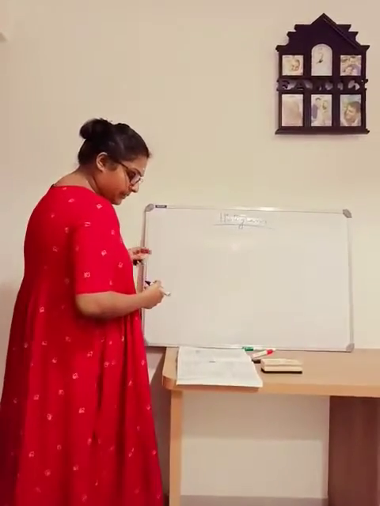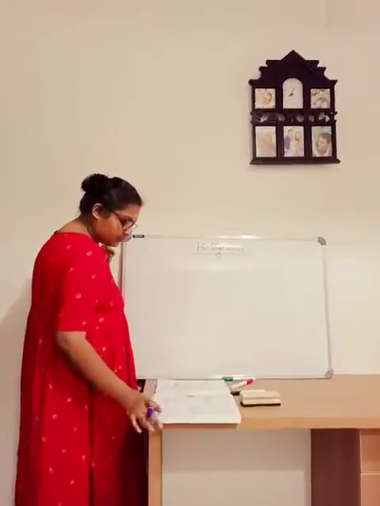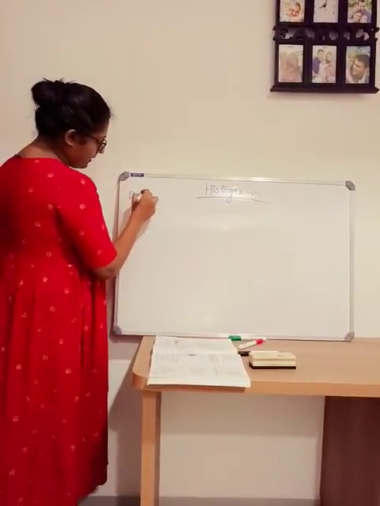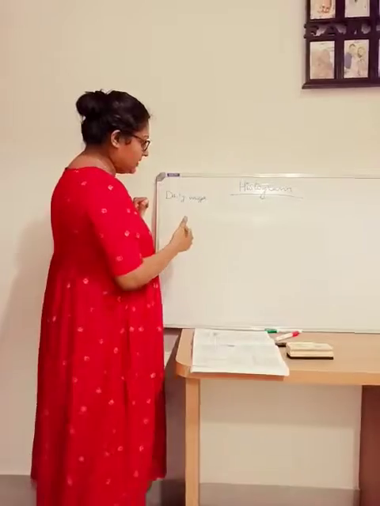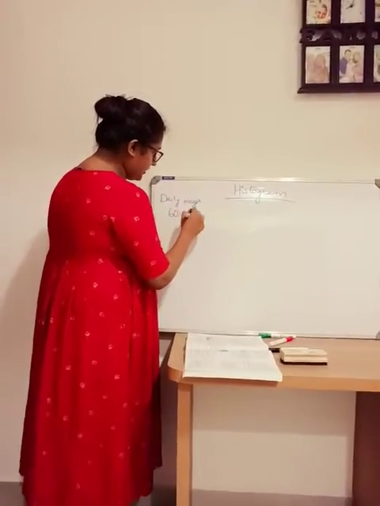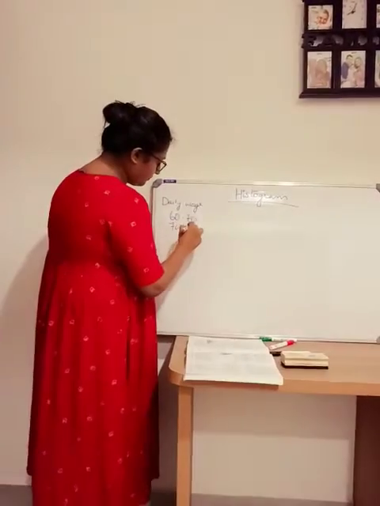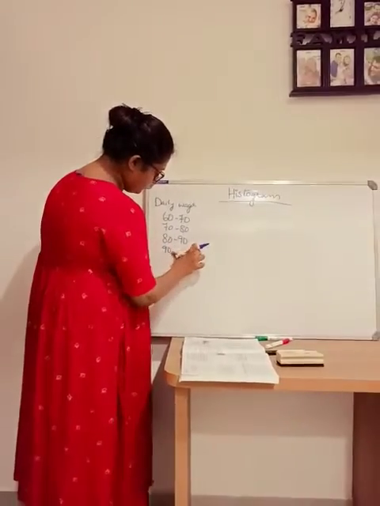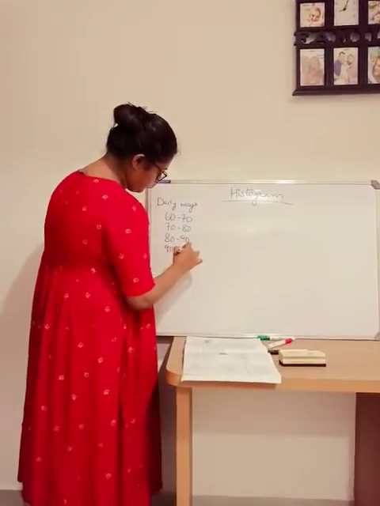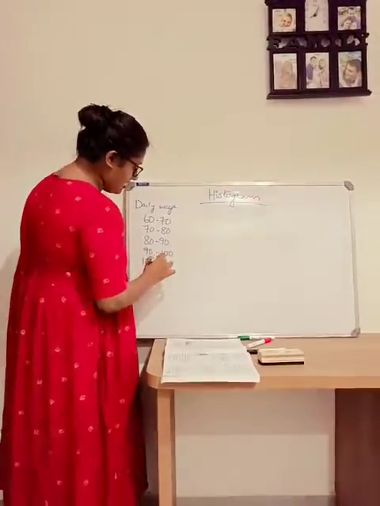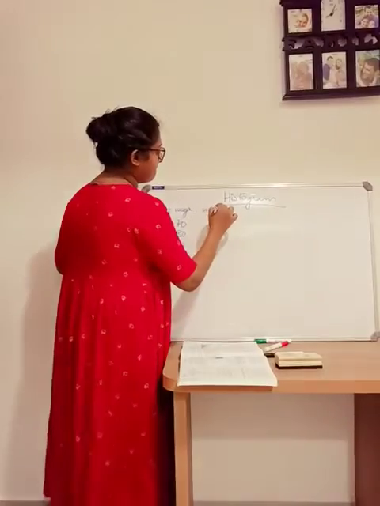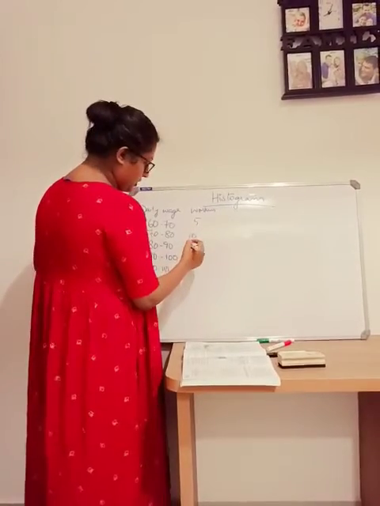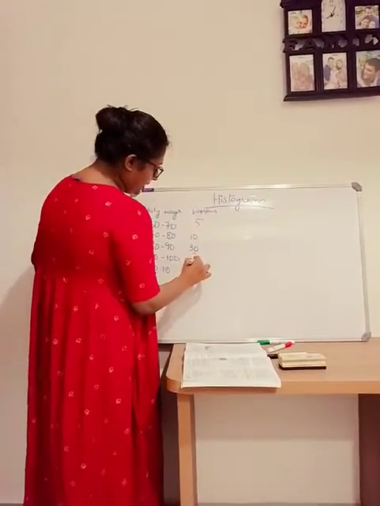I have a question here. We will take daily wage: 60 to 70, then 70 to 80, 80 to 90, 90 to 100, and one more, 100 to 110, and you will get the number of workers. The worker numbers, which is the frequency, are 5, 10, 30, 15 and 5.